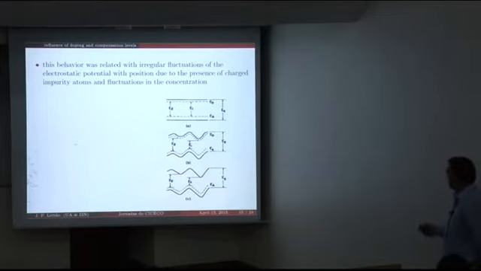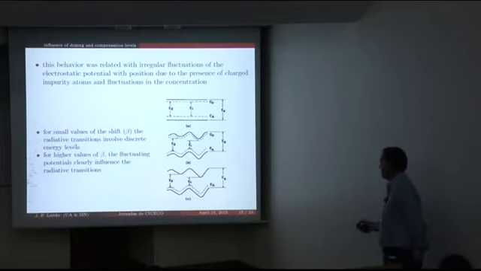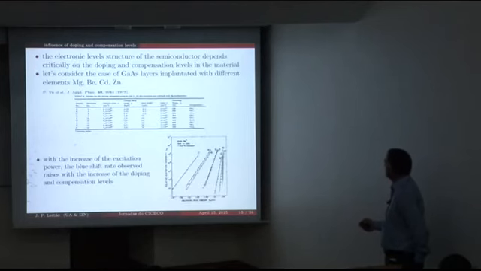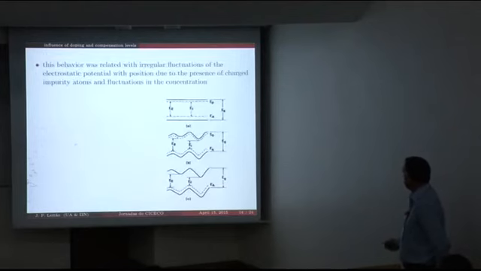He discussed this behavior considering this figure here, and for small values of the shift, the parameter beta that I mentioned previously, I think I forgot, the shifts are shown here, corresponds to this parameter beta. So we see that as we increase the doping level, the values of beta are also increasing.